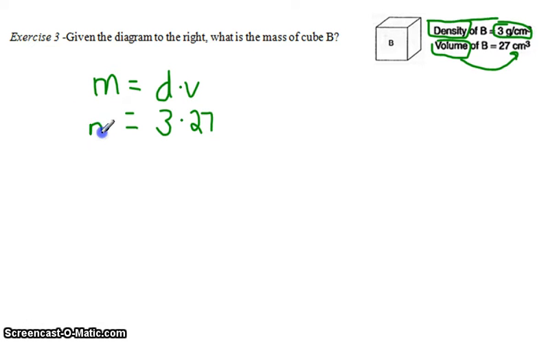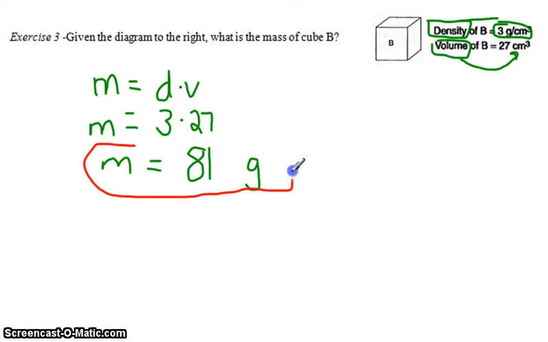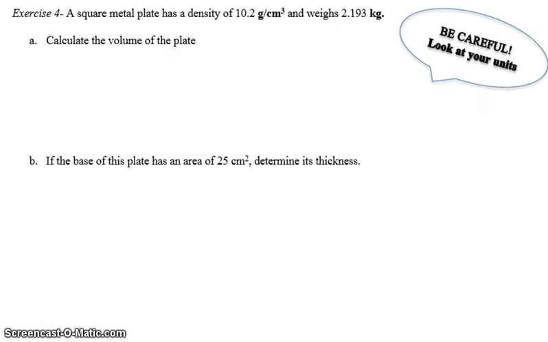When you type in 3 multiplied by 27, you get 81. And remember, mass is related to how much something weighs, and you know that density is mass over volume, so our units for mass would be grams. So that cube right there weighs 81 grams.